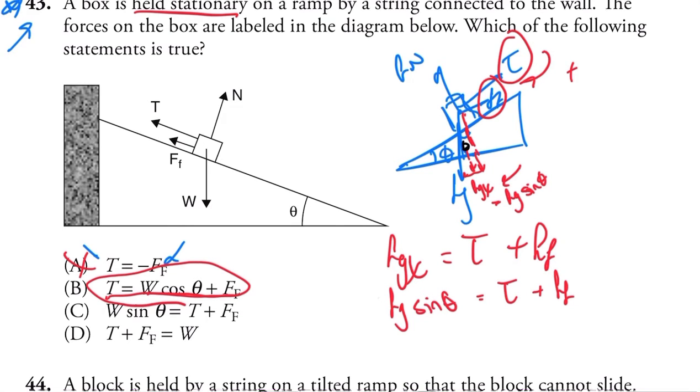Well, that's not true, because first they've replaced the FG with a W, so we could just do that right here. And this is not true, because if you move this to the other side, this is going to be a minus, and this should be a sine. Well, that means that this is not your answer.